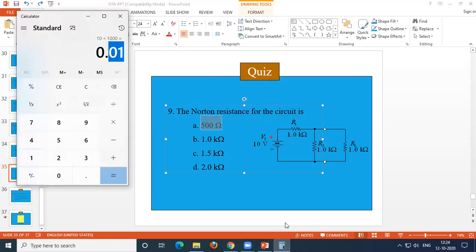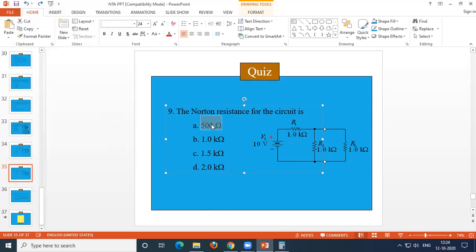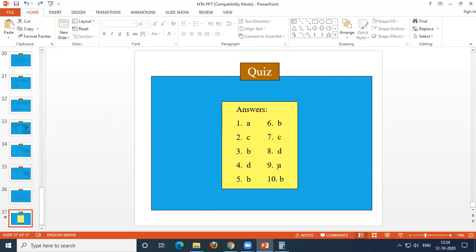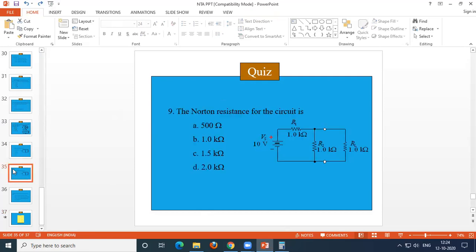We can also find it as R1 into R2 divided by R1 plus R2, that is 1000 plus 1000 is 2000, and our answer is 500 ohm. So the 9th answer is A, that is 500 ohm.